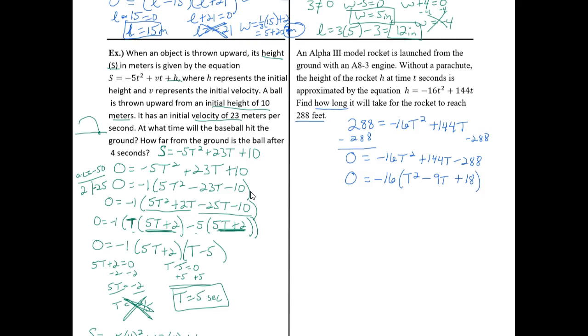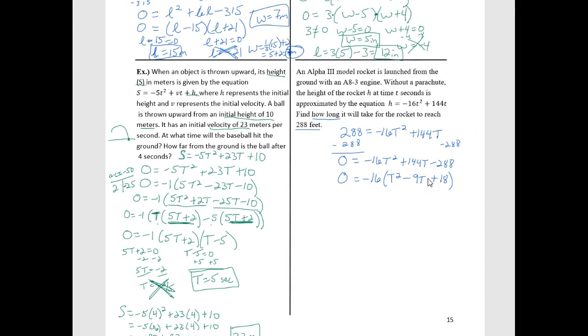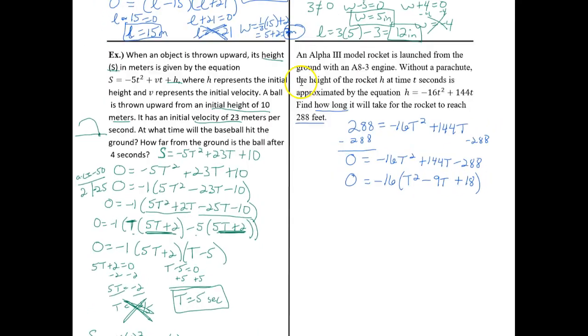Once I've factored out my GCF, I look at what's left. I have a trinomial, 3 terms. Front coefficient is a 1. So I want factors of 18 that are going to add to negative 9. Let's see, positive 18, but I want it to add to negative 9.